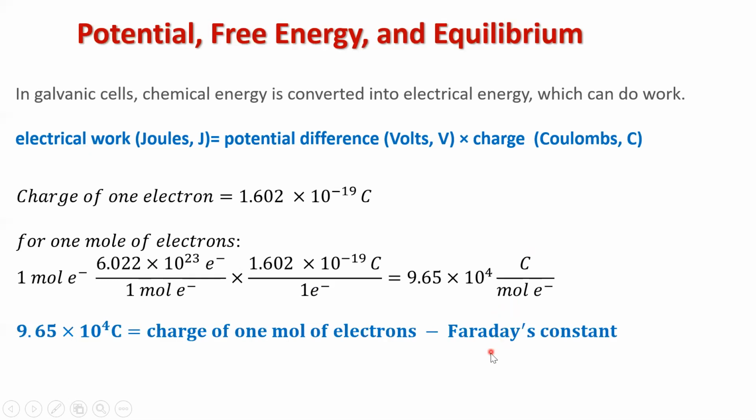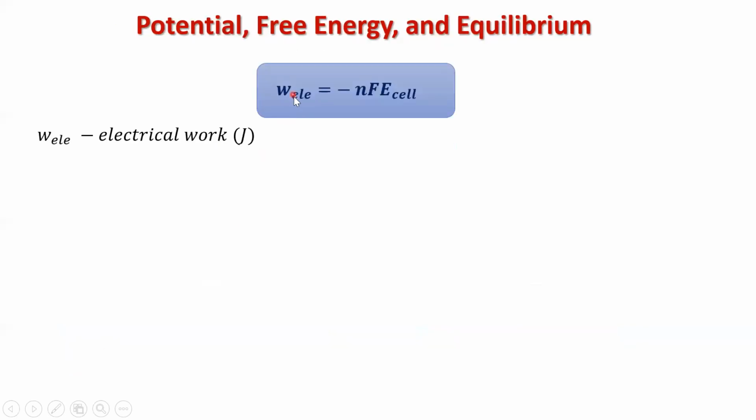And this constant has a name. It's called Faraday's constant, 9.65 times 10 to the 4 coulombs per mole. So we're going to look at an equation here that relates work to our reduction potential. The W in that equation stands for the electrical work.